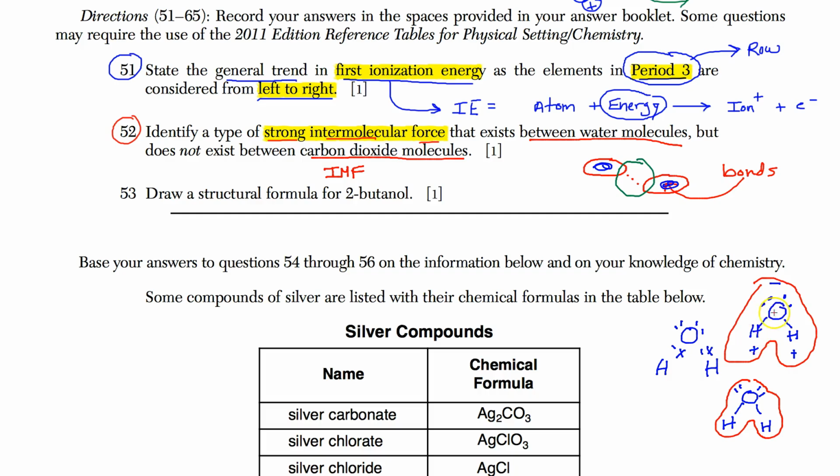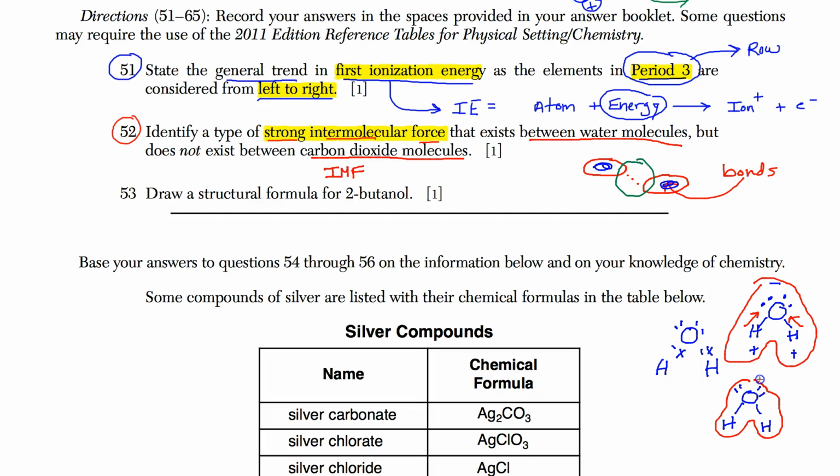See, this oxygen pulls electrons toward the oxygen. That's why these bonds are polar. So this is an electron-rich area. This is an electron-rich area. This is an electron-poor area. If the oxygen is pulling electrons, this is the positive area.